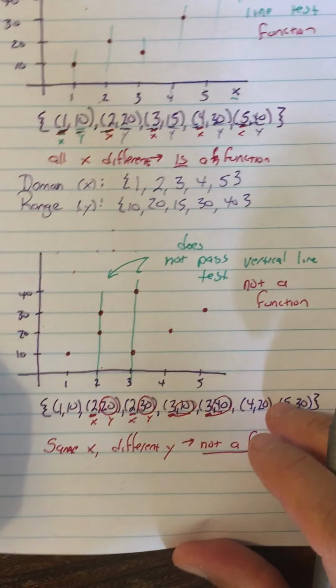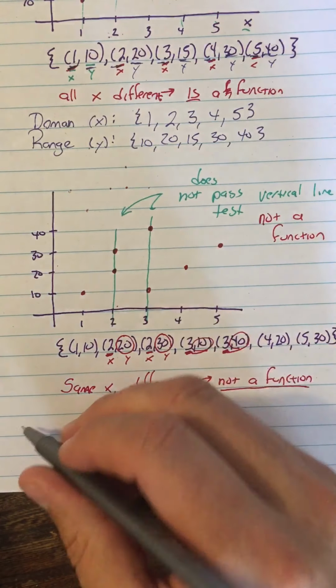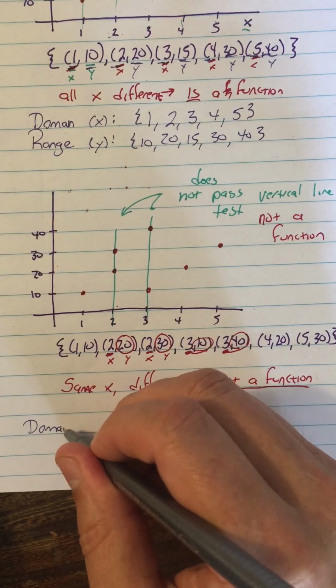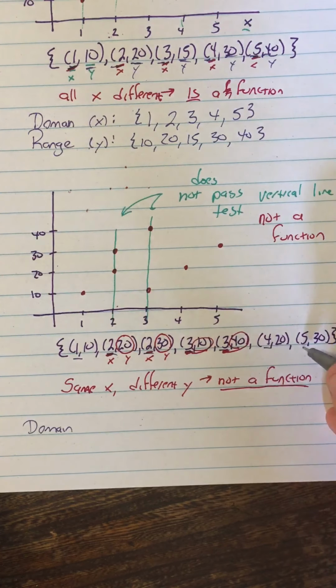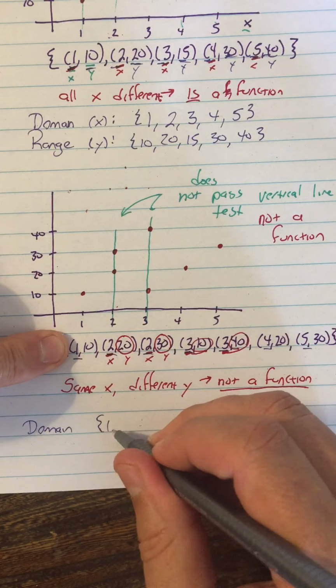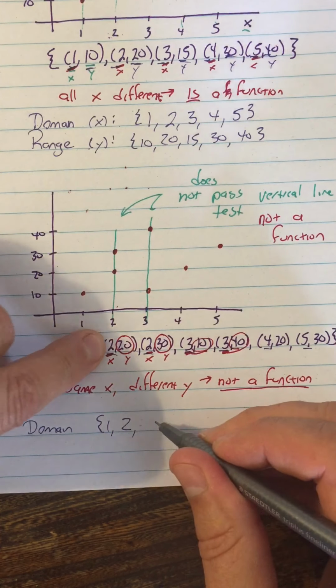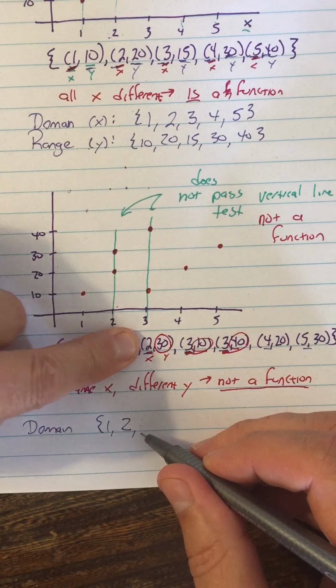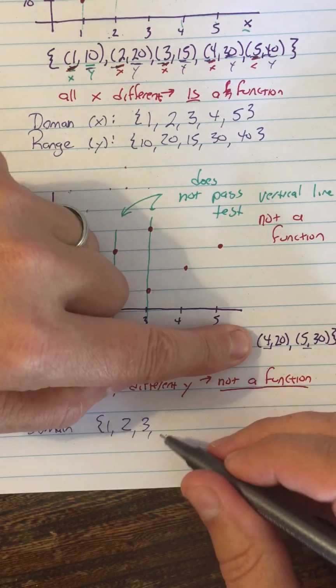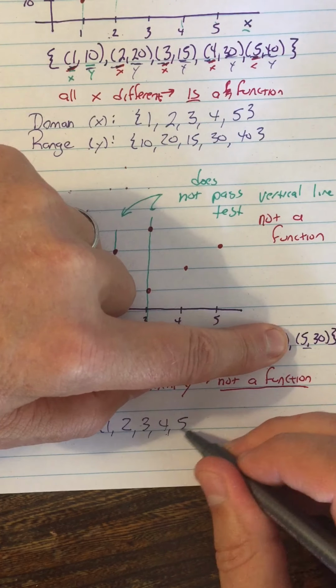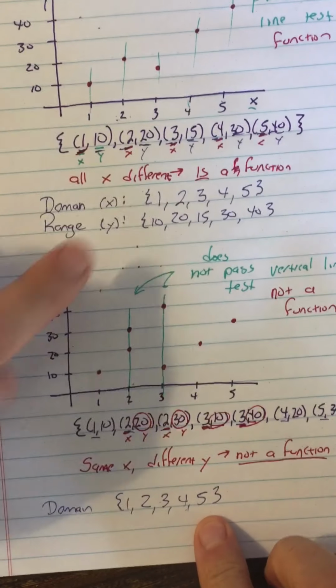So what are the domain and range for this one down here? The domain is all the x's. So 1, 2. If we have the same number, we don't have to write it again. 3, same number, we don't have to write it again. 4, and 5. So the domain of this one is the same as the domain of that one.